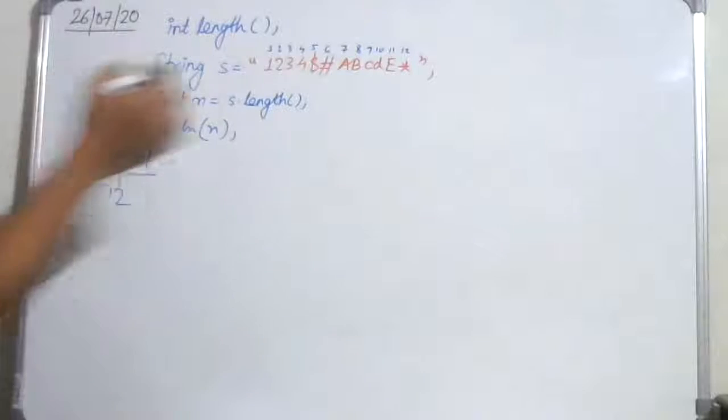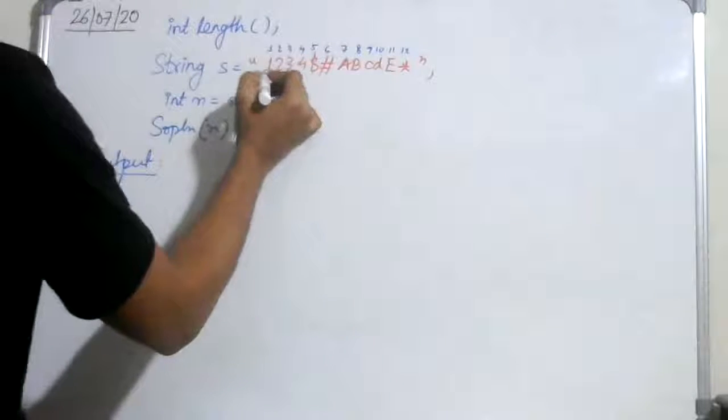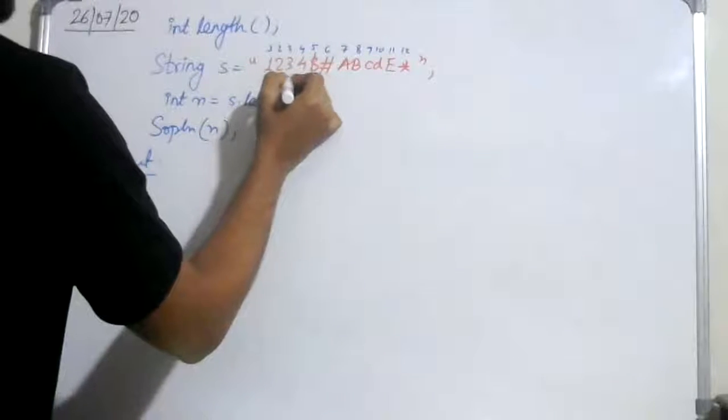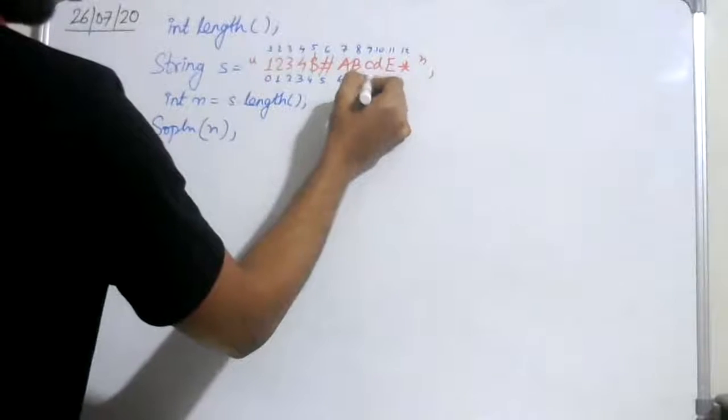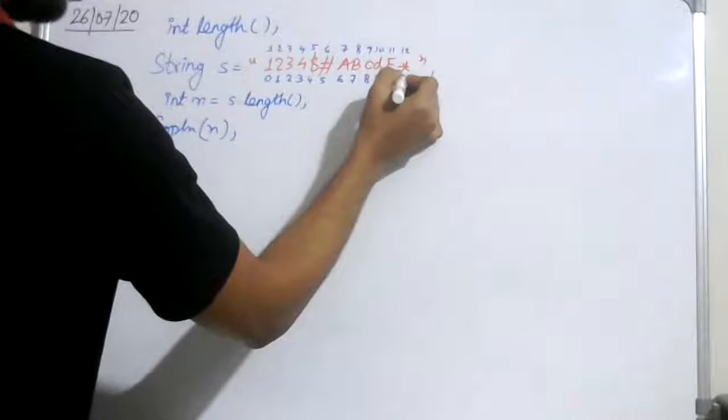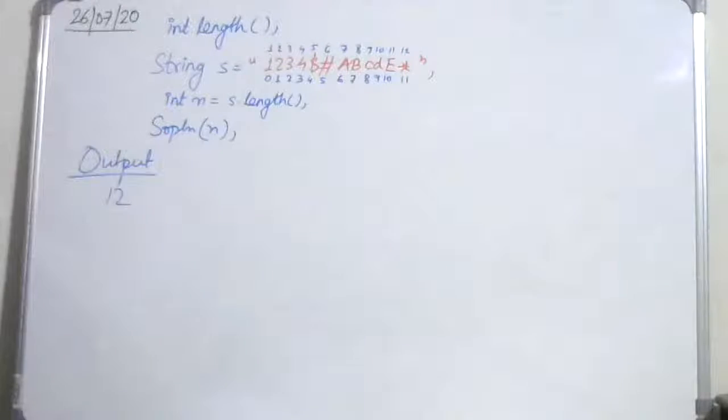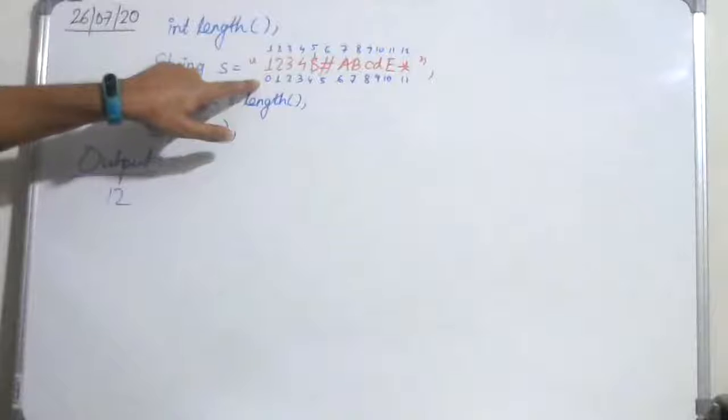So let's say this is represented as an array, so array indexing will start something like this. It's 1 less than the length because it starts with 0.